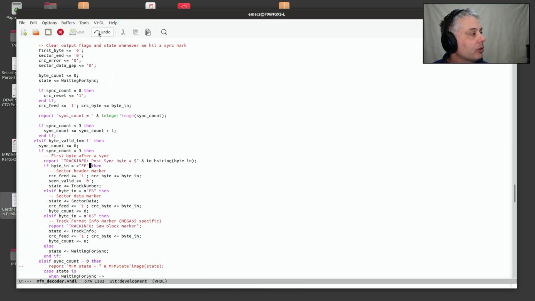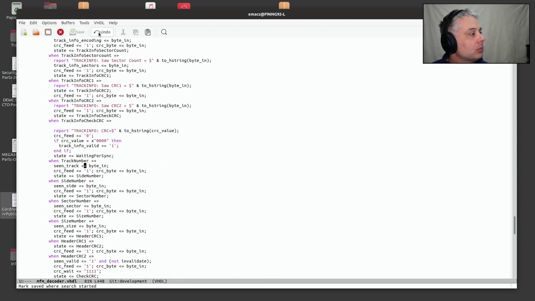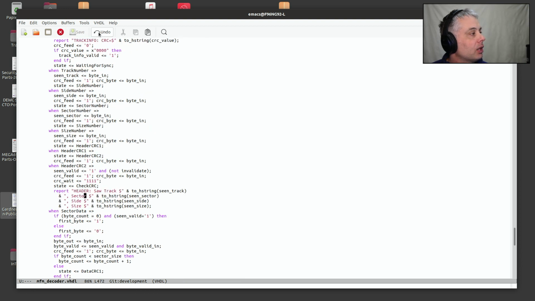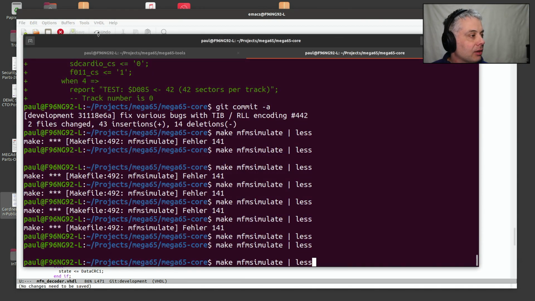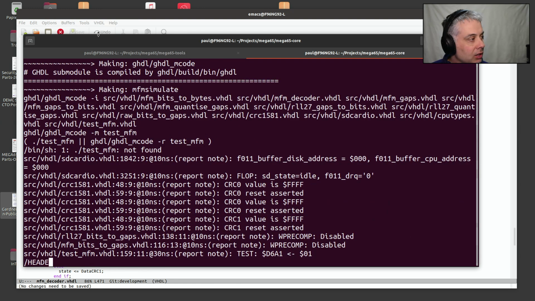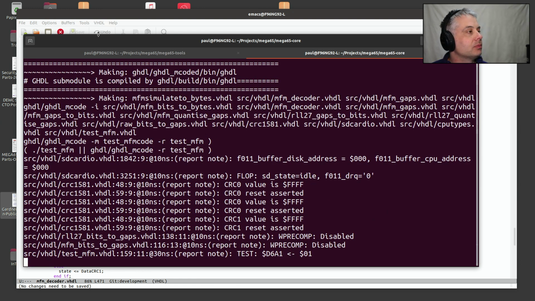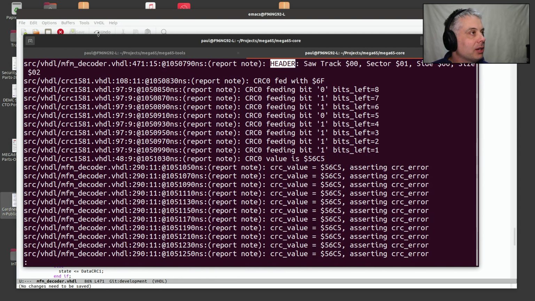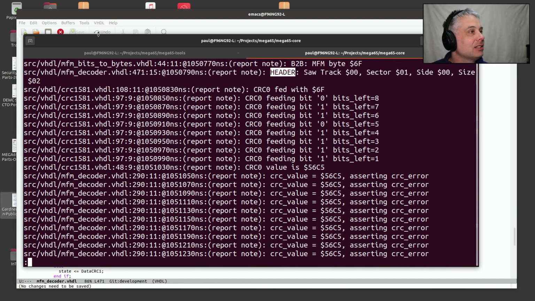Right, track info. So we're looking for FB. That's the FE sector header, right? Right, so we should see a header line if we have this correct now. Waiting. Yay! So we now have the CRCs correct.